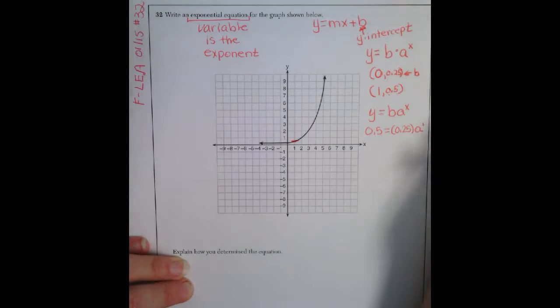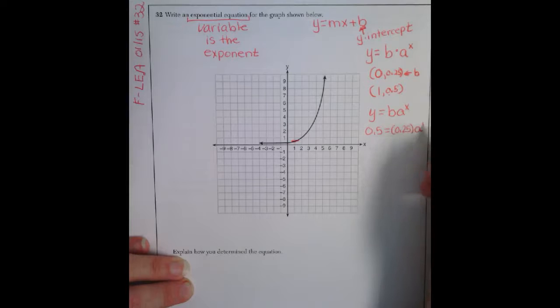Now what you need to remember is anything to the first power is always that letter. So for example, b to the first power will be b. 5 to the first power will be 5. So in this case, a to the first power is just a.